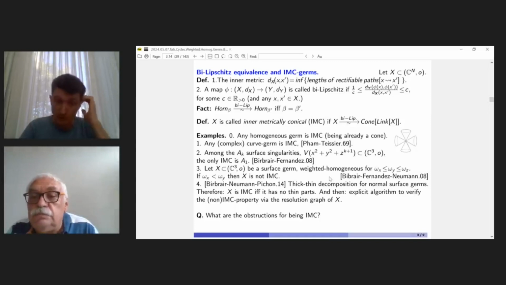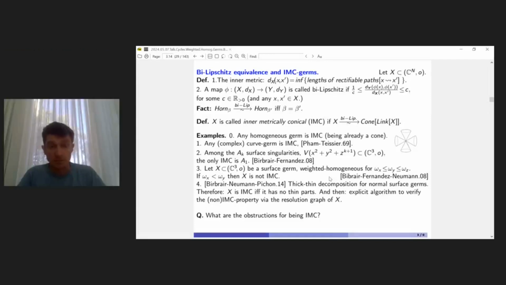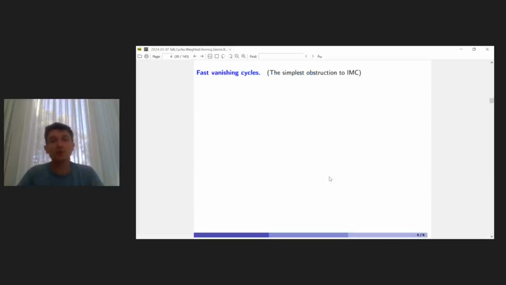Good. So I guess in most of these papers, the first obstruction to being inner metrically conical were fast vanishing cycles. In fact, in most of the papers, I think they spoke about fast vanishing loops, in dimension 1. So let's define this.